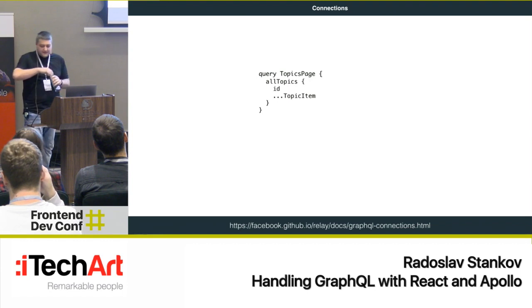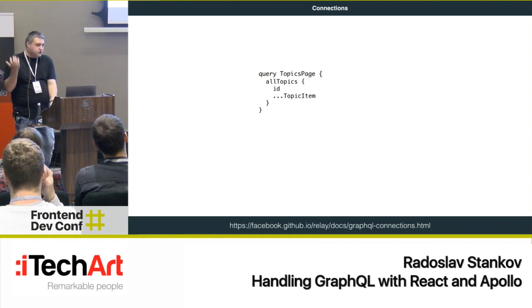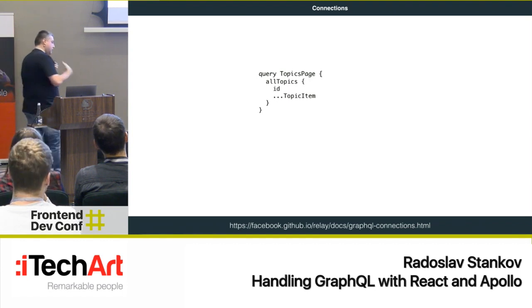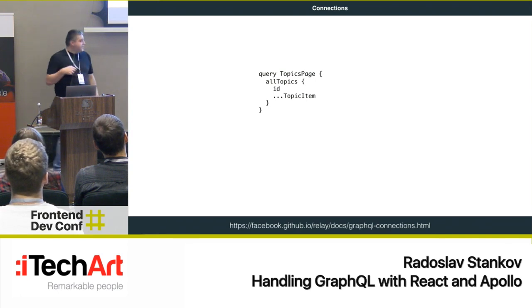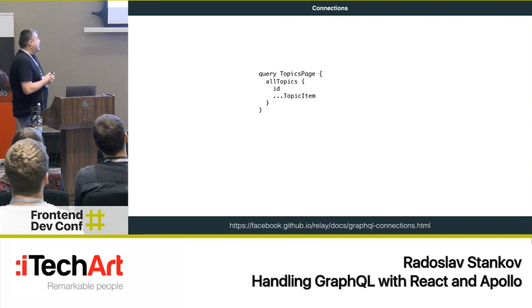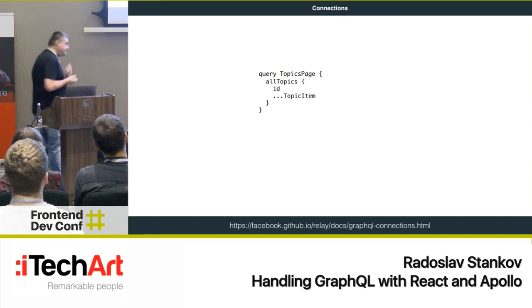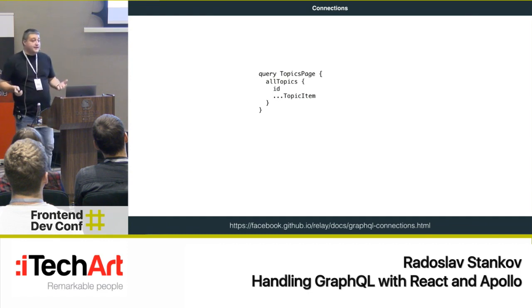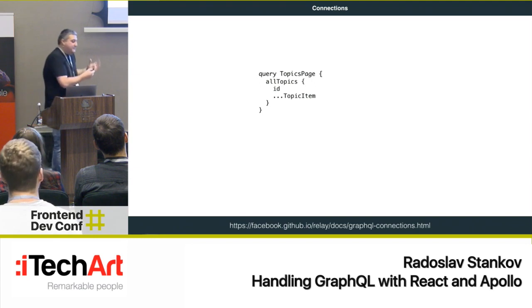The other part of the graphs: in graphs you have nodes and you have connections. Relay has some opinions about how you define your connections. The idea for the connection is because you need to do pagination. You cannot show all the data you have. Imagine you are Facebook, loading all people's friends into a single page.